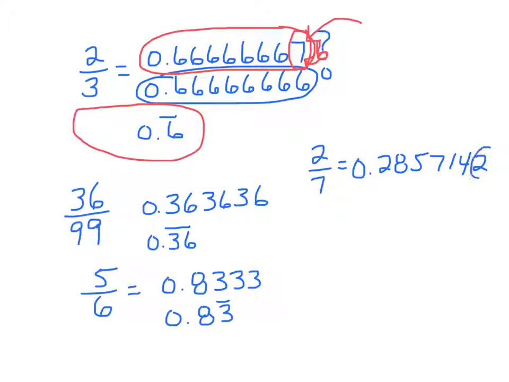I'm not sure, once again, how many digits your calculator goes out to, but this is a repeating decimal, and it's repeating with 285714. So the sevenths are an interesting fraction. If you ever have a 7 in the denominator, it is going to give you a very long repeating decimal.